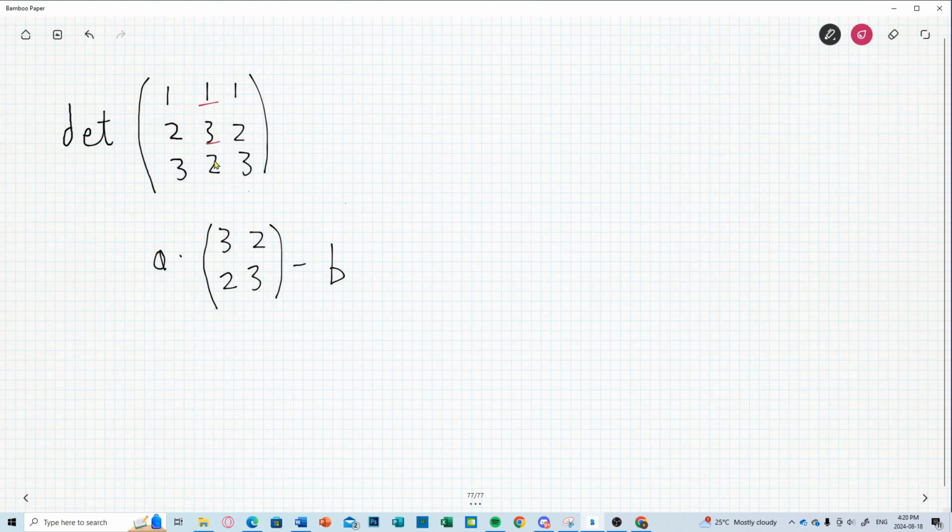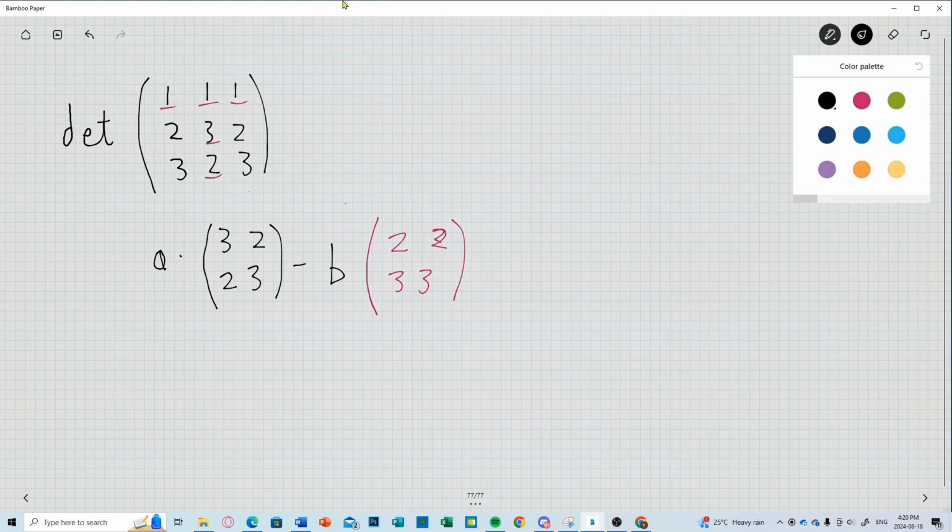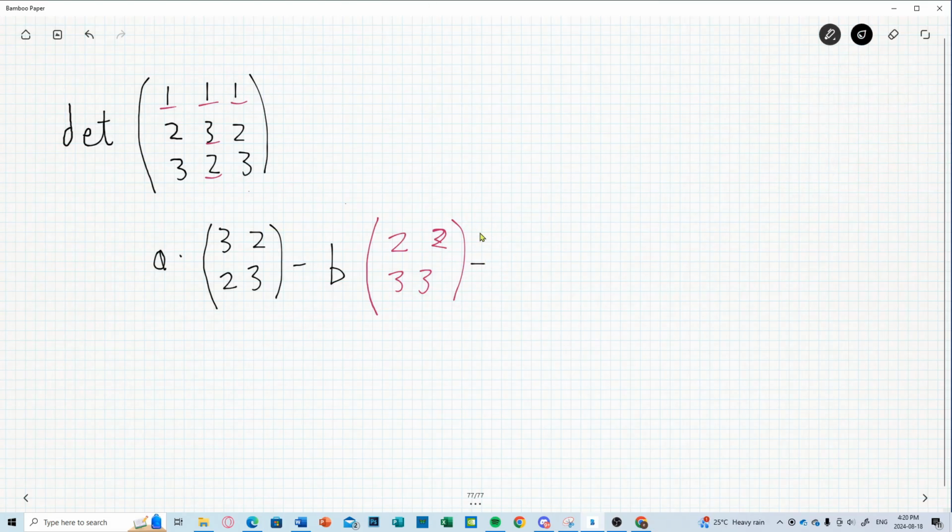We're going to get rid of B's row and column. So our matrix is going to be 2, 2, 3, 3. Now we're going to change it back to black. We're going to add this time C multiplied by our last matrix, which I'll put in orange, getting rid of those and those, so we're going to have 2, 3, 3, and 2.